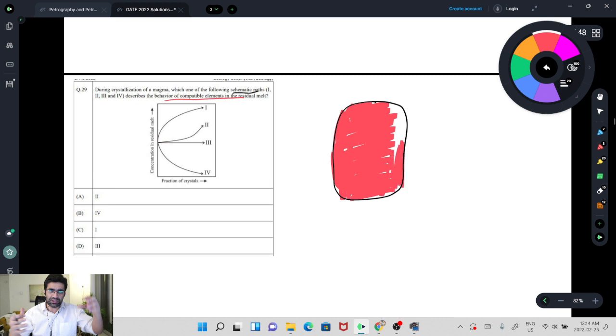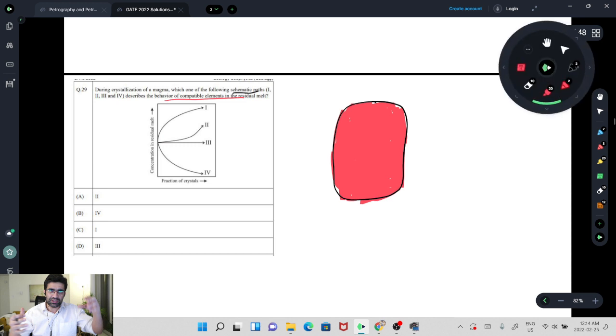It will have certain compatible and incompatible elements. There is no need to even draw this big. During crystallization, which of the following paths represents the behavior of compatible elements in the residual melt?